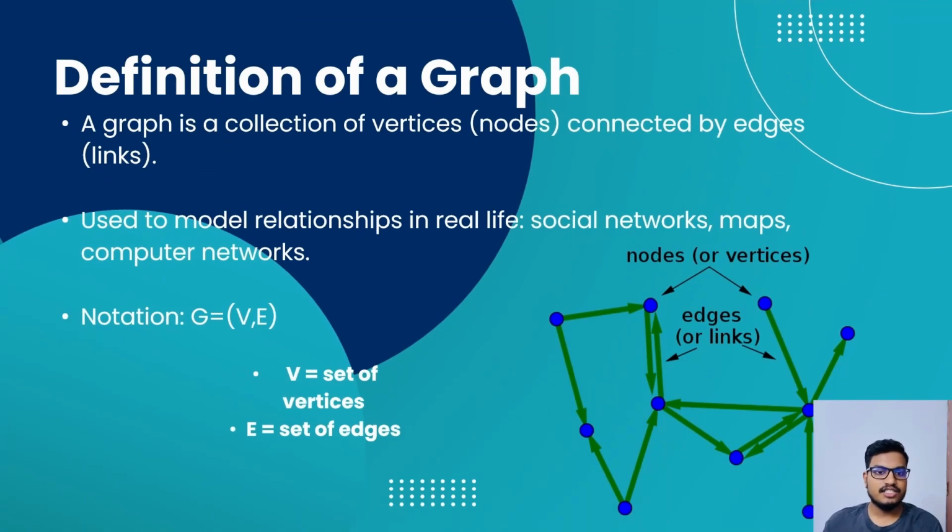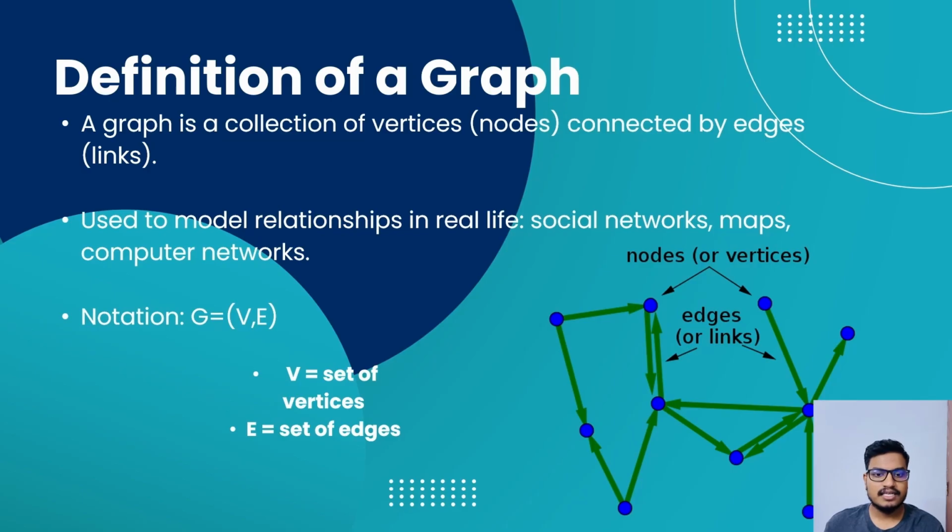Definition of a graph. First, what exactly is a graph? A graph is simply a collection of vertices, also called nodes, that are connected by edges or links. We often use graphs to model relationships in real life, like friendship in a social network, roads between cities, or even the connection between web pages.